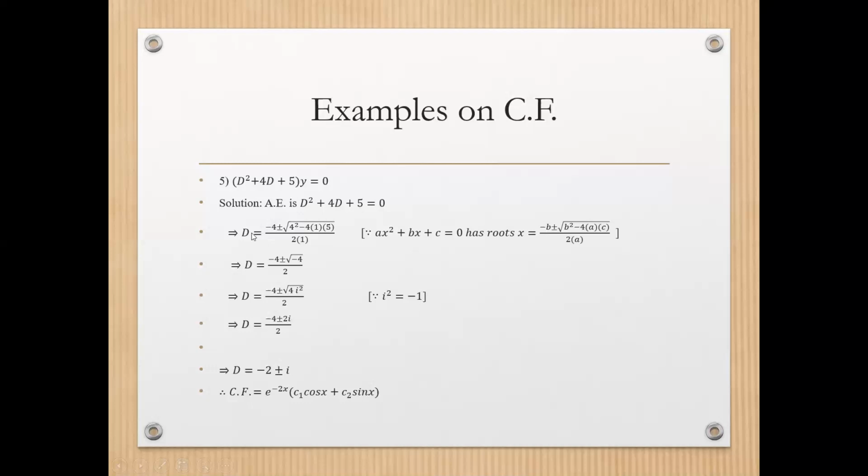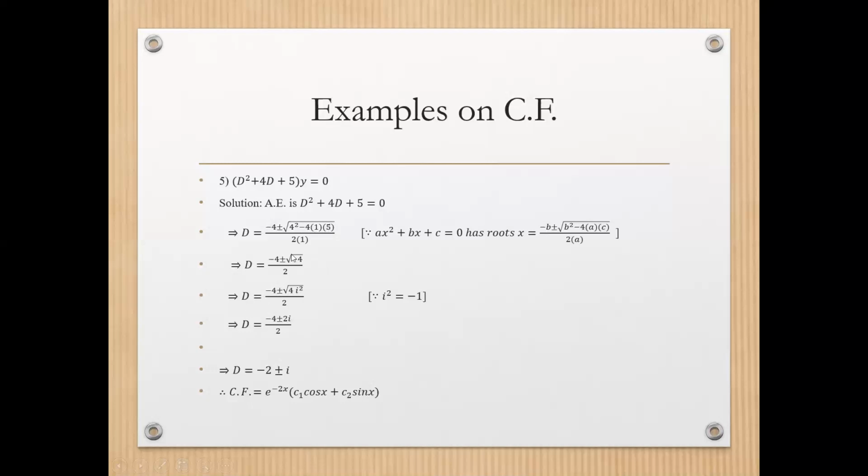So D = (-4 ± √(4² - 4·1·5)) / (2·1). Solving this, we get D = (-4 ± √(16 - 20)) / 2.